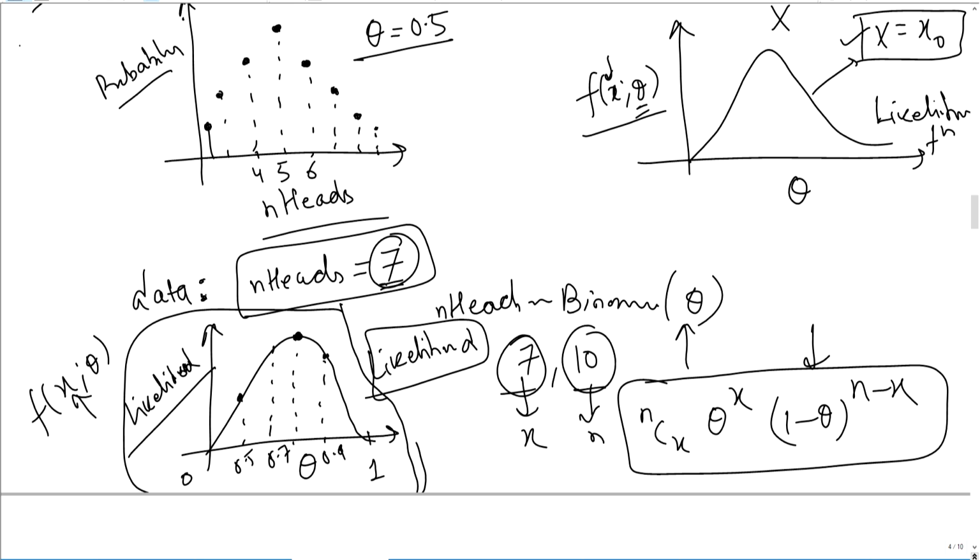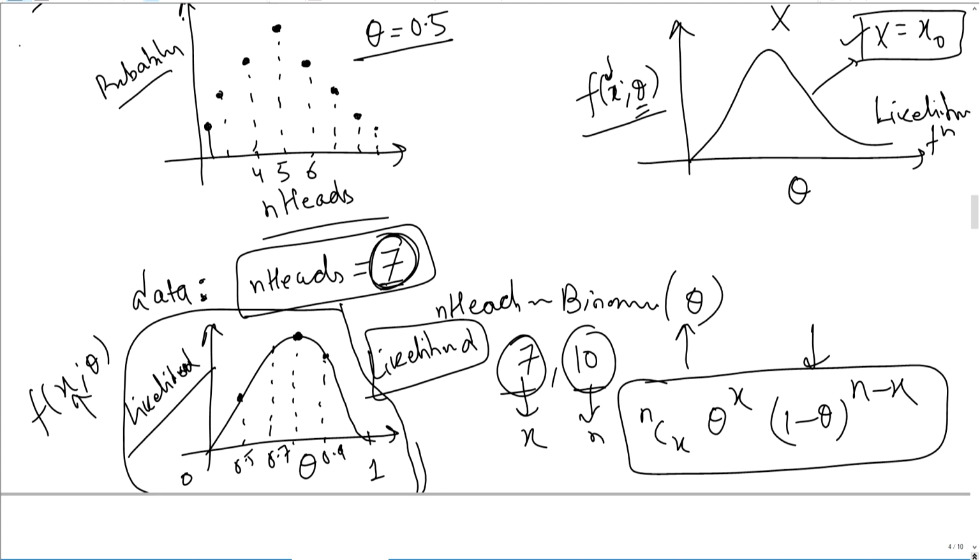Okay. So, what we are essentially showing in this graph is which values of theta are likely to generate this data. Okay. This is exactly what we want to do in parameter estimation. Okay. So, basically we are estimating the parameter here, what value of theta might have generated this data.